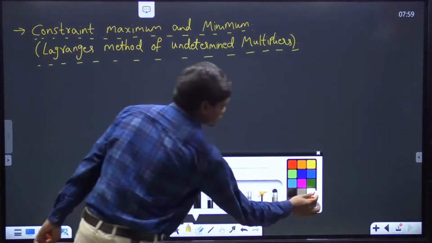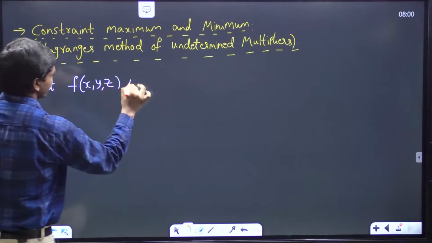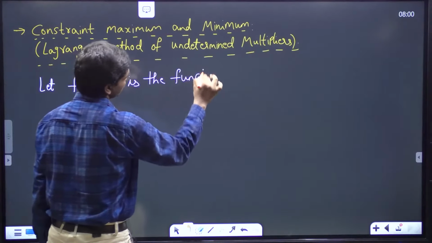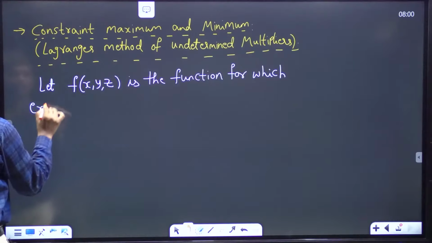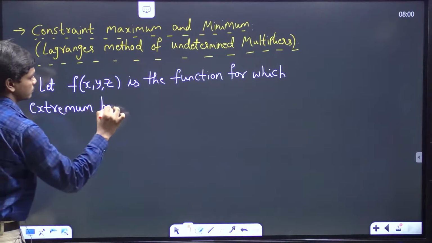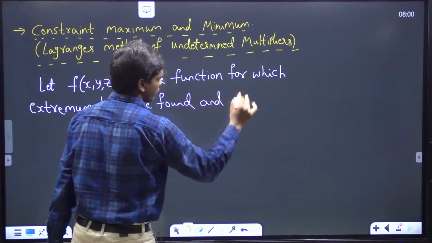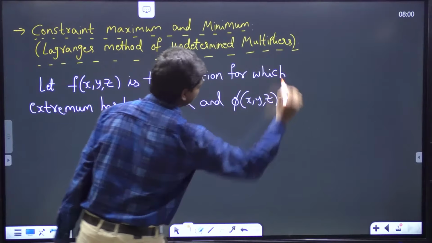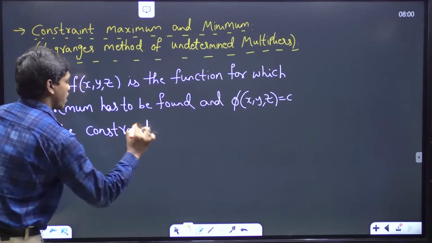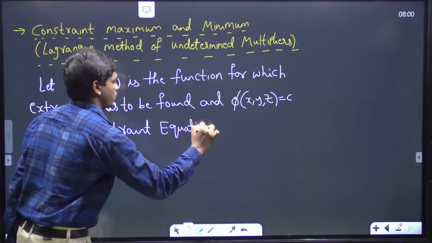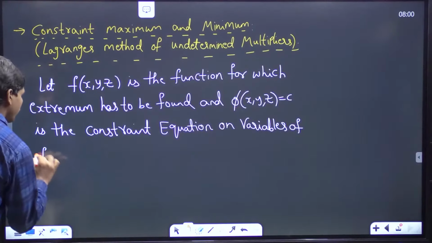So see here, let f of x, y, z be the function for which the extremum has to be found, and phi of x, y, z is equal to a constant is the constraint equation on the variables of f of x, y, z.